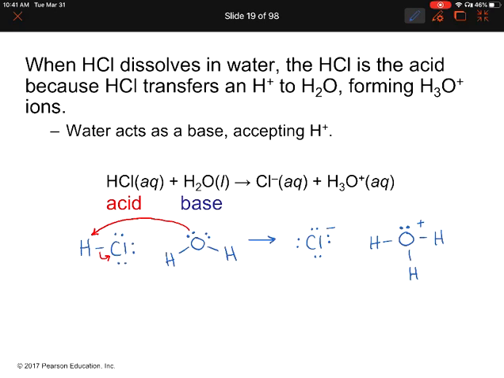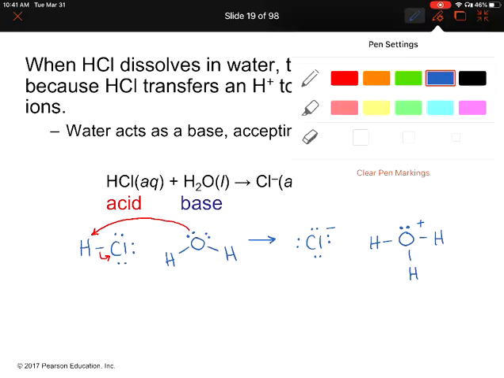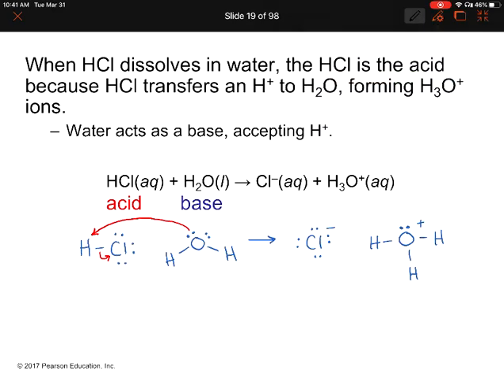So our first product is the chloride ion. So remember that chlorine usually has 7 valence electrons, but now we've added one more electron to give chlorine an octet of electrons. So chlorine now has a negative charge because it has one more electron.